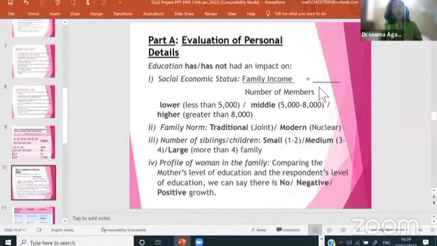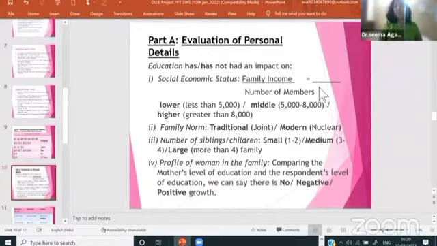If the number of siblings or children is 1 to 2, we can say that her family is small. If she has 3 to 4, she has a medium family. And if she has more than 4, her family is large.